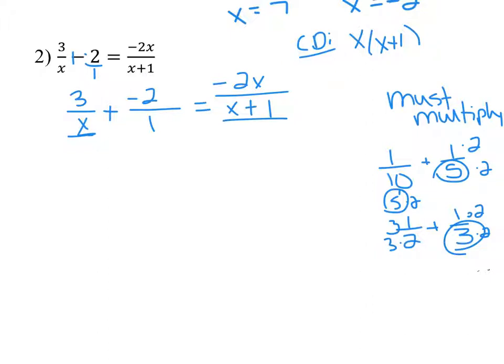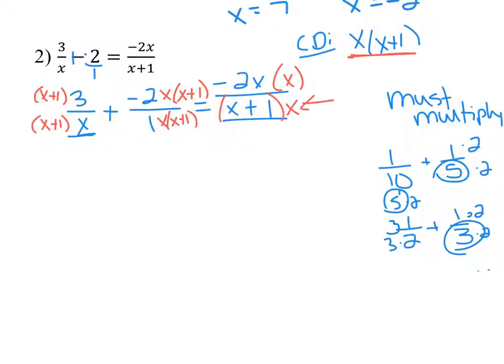So to put these together, to get them to have their common denominator, this one needs the x plus 1, this one needs both, and this one needs just the x. So I have to get all the denominators to have an x and an x plus 1.